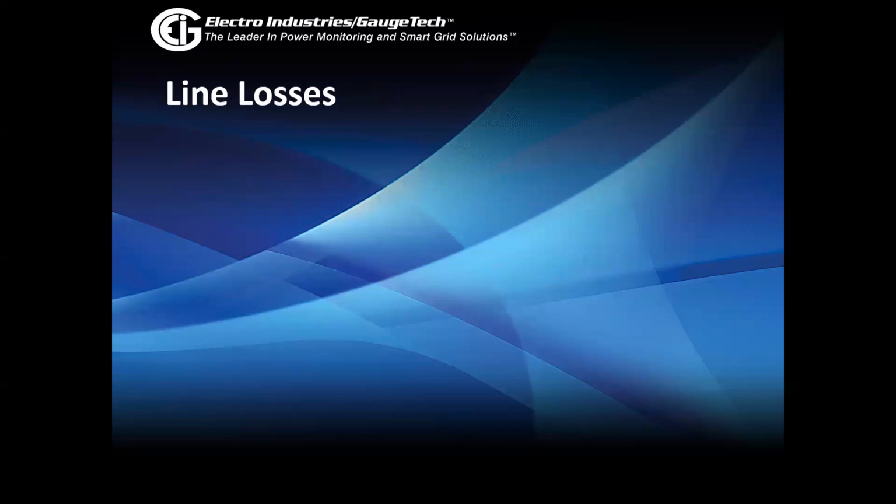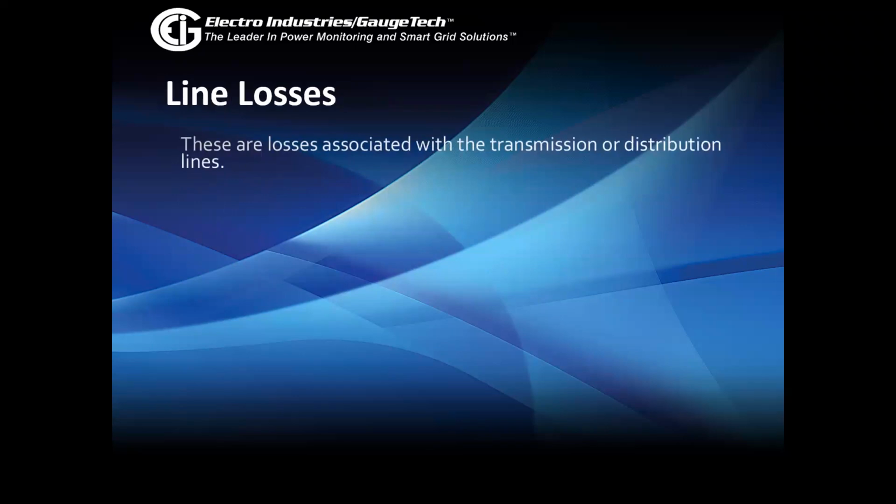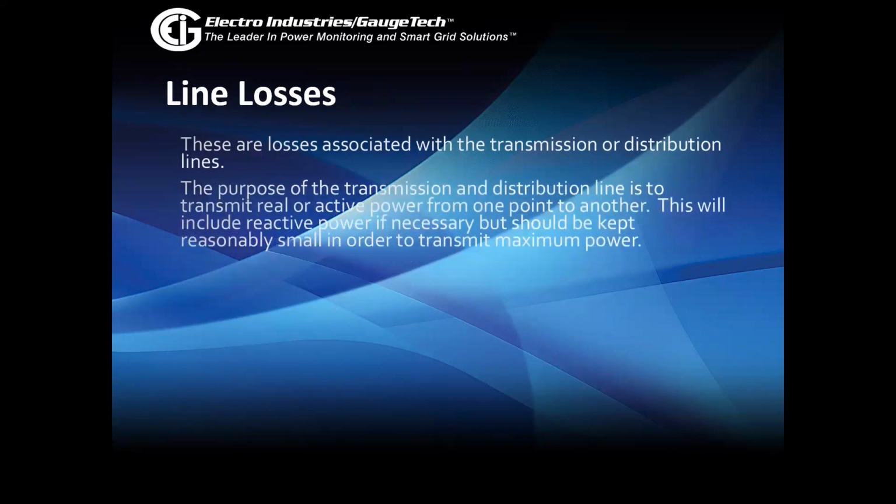So the line losses. As we know, line losses are associated with transmission and distribution lines. And the purpose of the transmission and distribution lines, as we all should know, is to transmit real power or active power. This will also include reactive power, I should say, because there are times where we need to transmit reactive power for voltage adjustments.